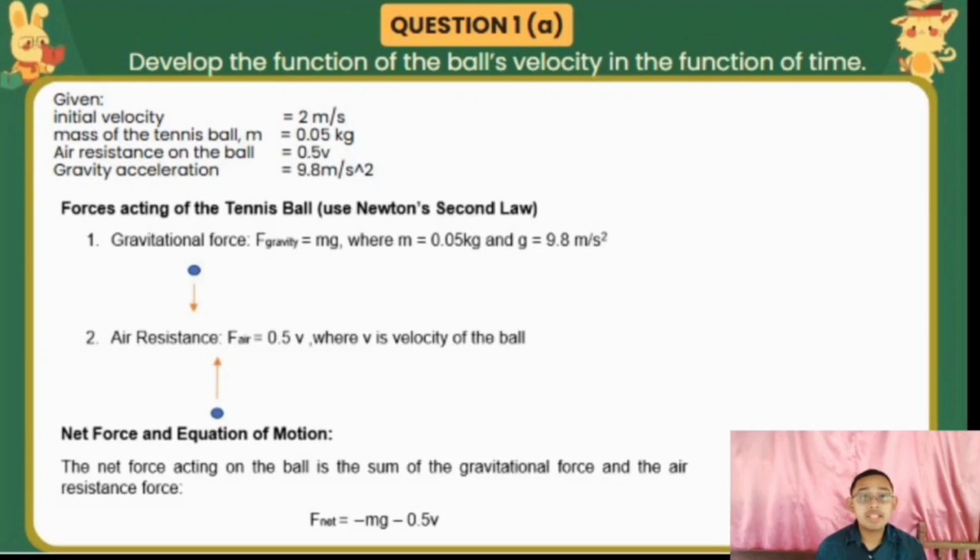Of course. First we need to identify this situation. All the information is given like this. Next, we know that the gravity force F gravity equals mg, and air resistance Fa equals 0.5v, where v is the velocity of the ball. We can define the net force as F net equals mg minus 0.5v.